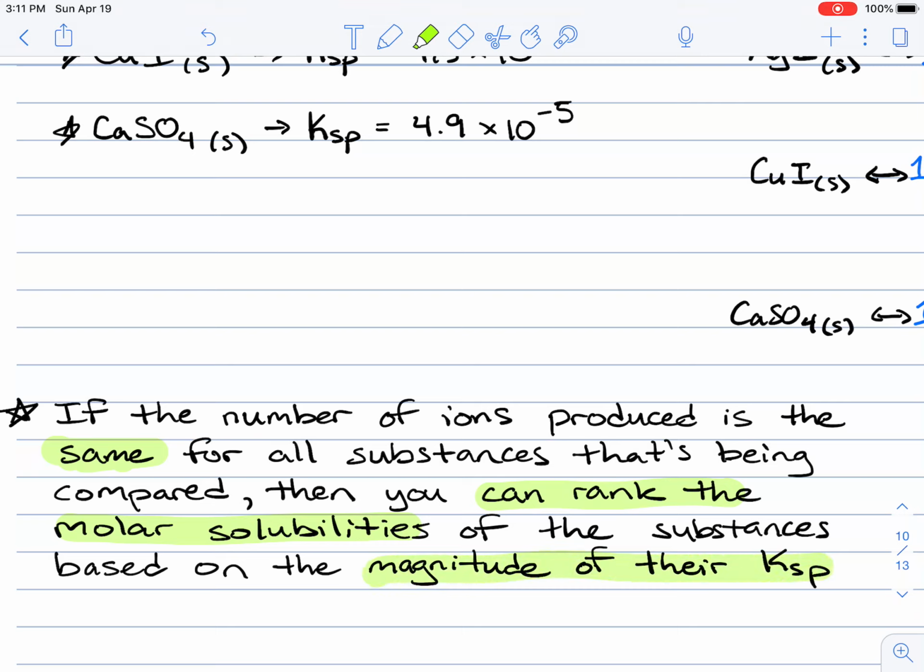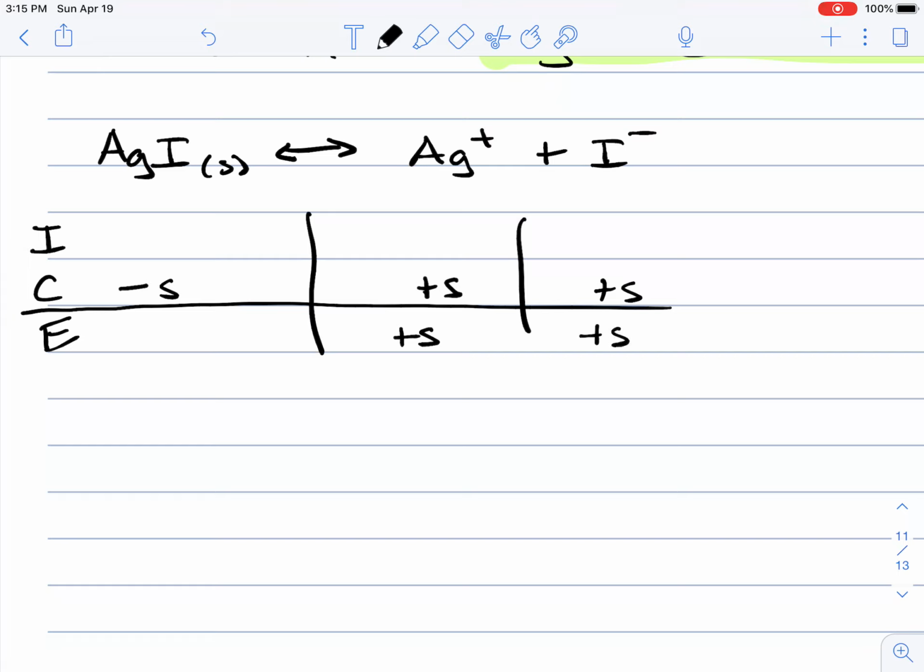The equilibrium concentration for silver and iodide is the same as the molar solubility of silver iodide. So if I write the mass action expression, this would be S times S, which is S squared. Therefore, to solve for the molar solubility, it's going to be the square root of the KSP.